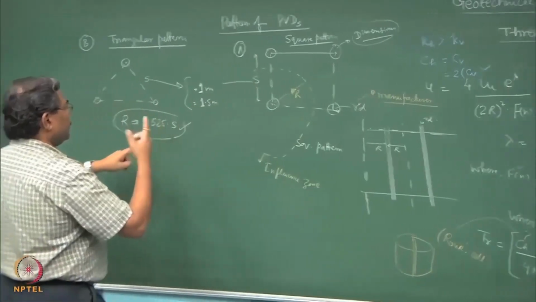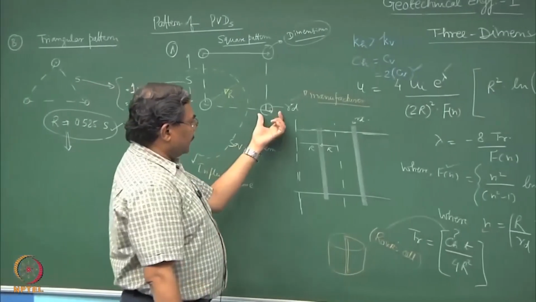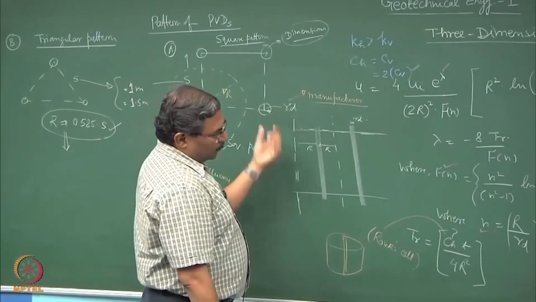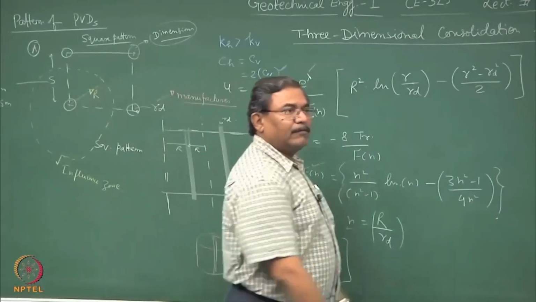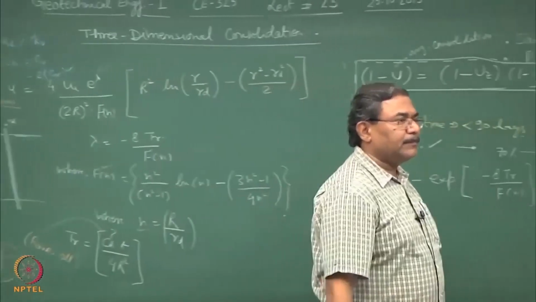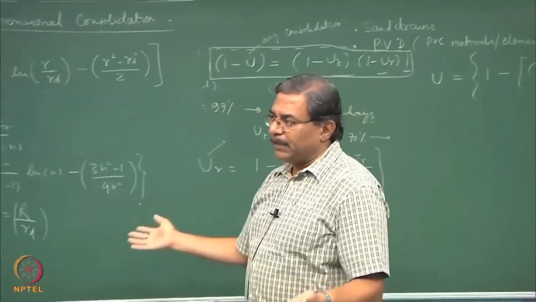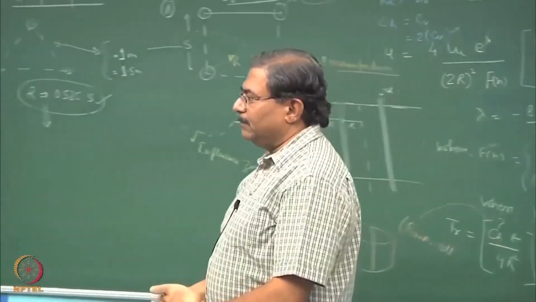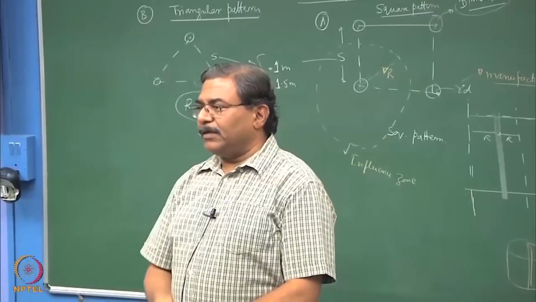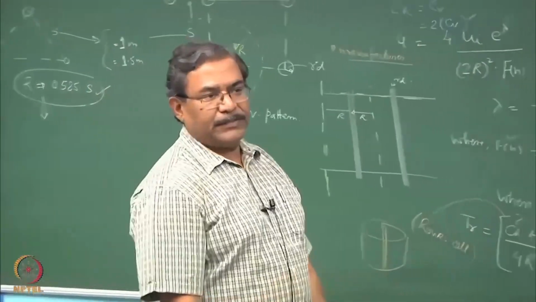So, what we have to do is, we have to fix S, get the value of R, fix the dimensions of the drains which we are going to use, so that n gets fixed. Once n gets fixed, everything is a simple procedure. This is what is being done in most of the projects which are happening all along the coastal regions, where you have marine clays, which will take a lot of time to stabilize.